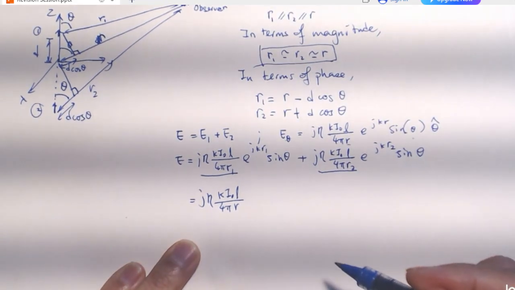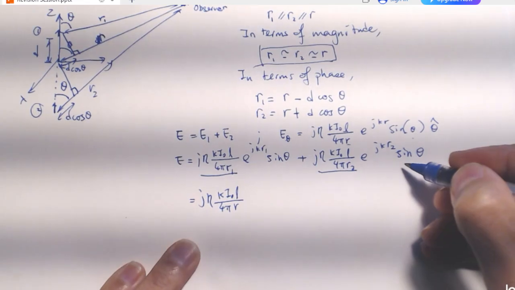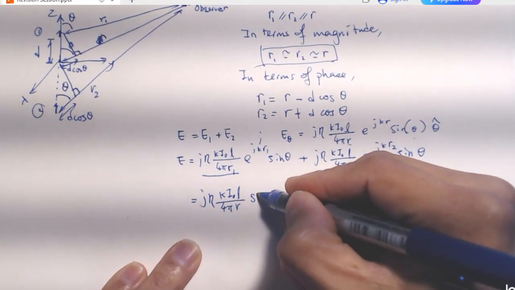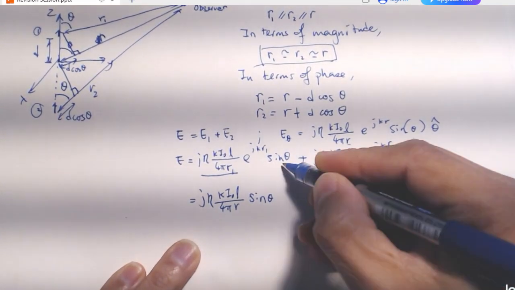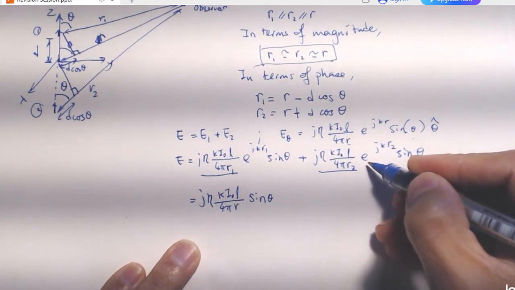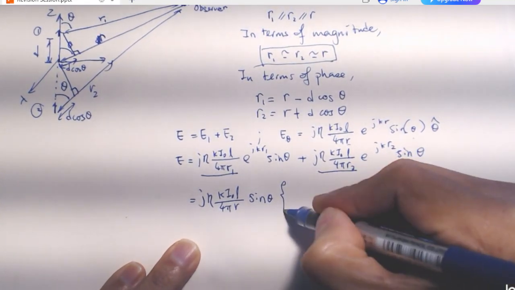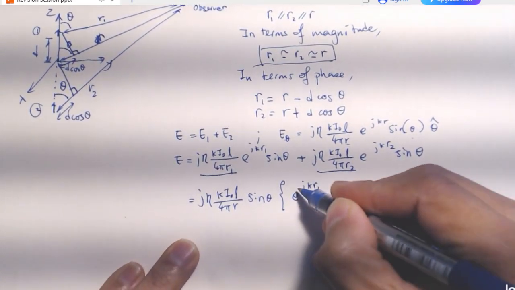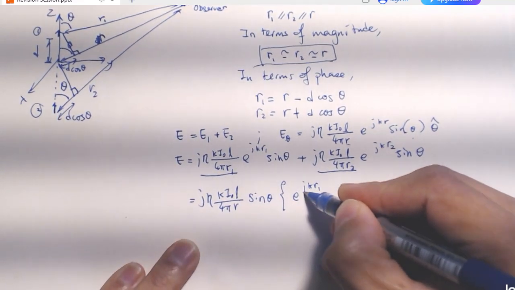Because both terms contain sine theta as the common term, we bracket the expression here, e^(-jkR1), and we are not going to have shown the phase difference.